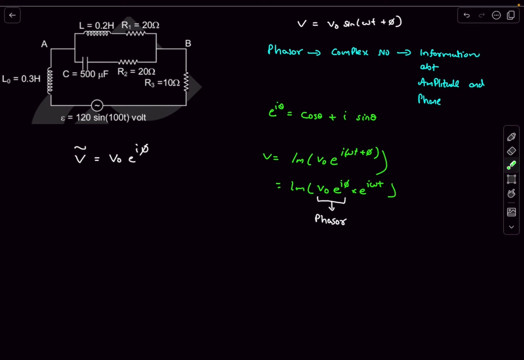So now the usefulness of phasors is that it just makes solving this circuit much easier. We can use all the tricks that we learned to solve DC circuits, provided we convert everything into phasors first. So in this problem, as you can see, the voltage source is given to be 120 sine 100t. So the phasor voltage in this question will come out to be 120 times e to the power iota 0.